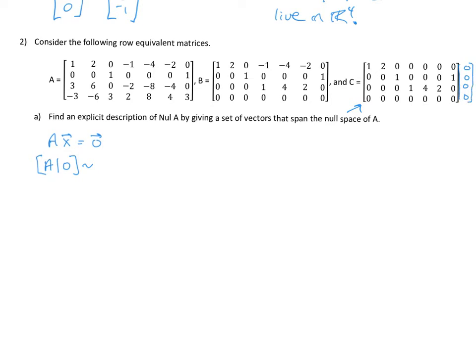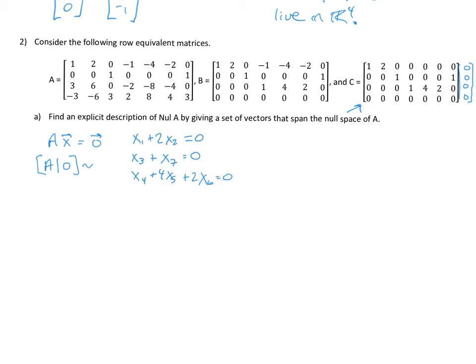Okay, so my null space would be the solution set here. So I'm going to write this down as equations. This says x1 plus 2x2 equals 0. x3 plus x7 equals 0. x4 plus 4x5 plus 2x6 equals 0.